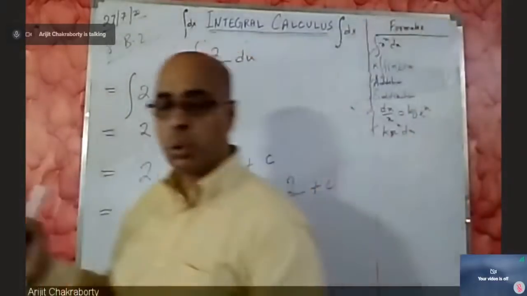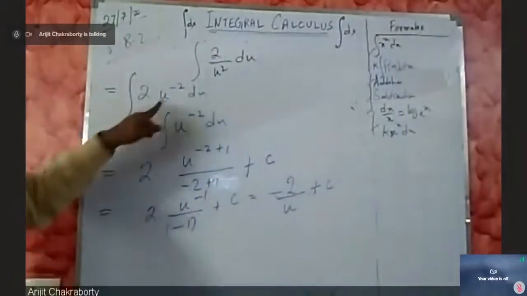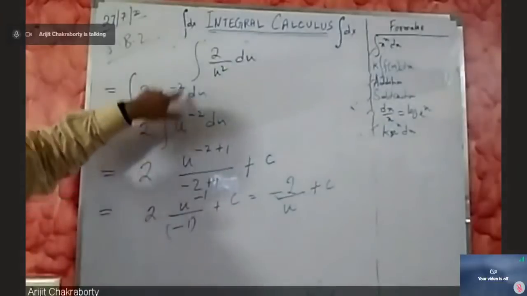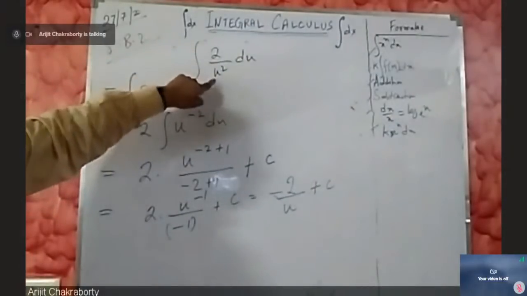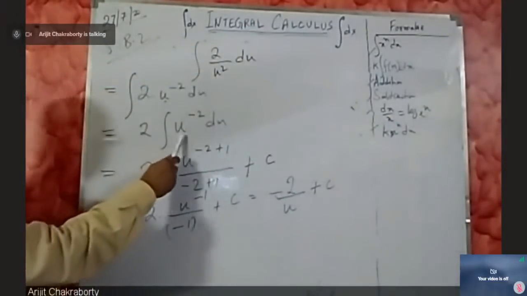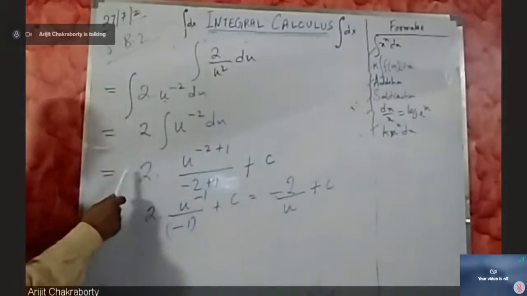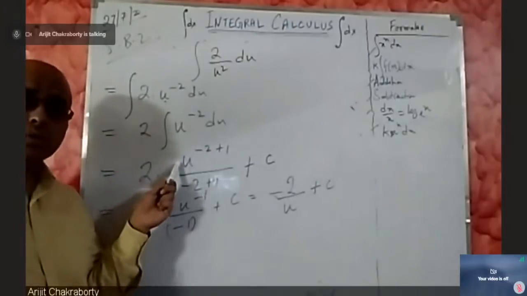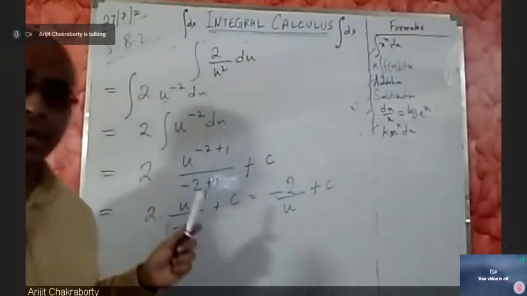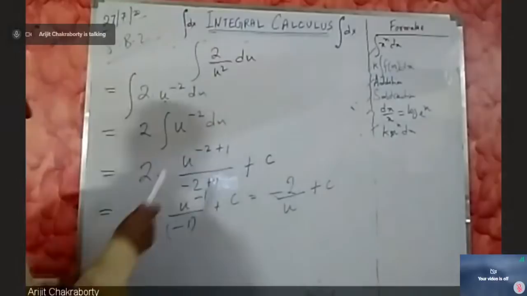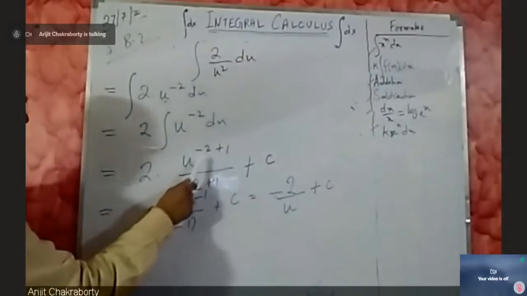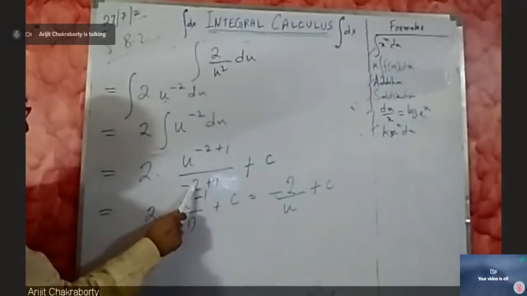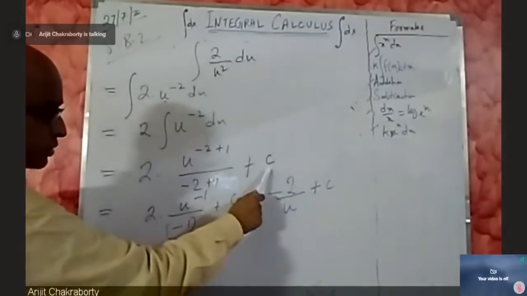So we took 2 into u to the power minus 2, another way of expressing 2 by u square du. 2 comes out, u to the power minus 2 du, which is of the form x to the power n. So we use the formula x to the power n plus 1 divided by n plus 1 plus the constant c.